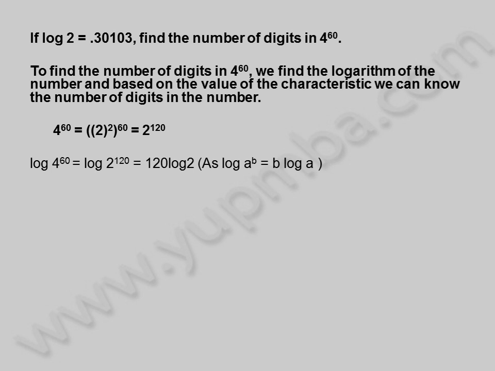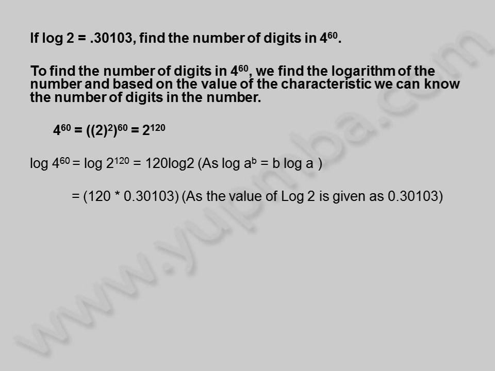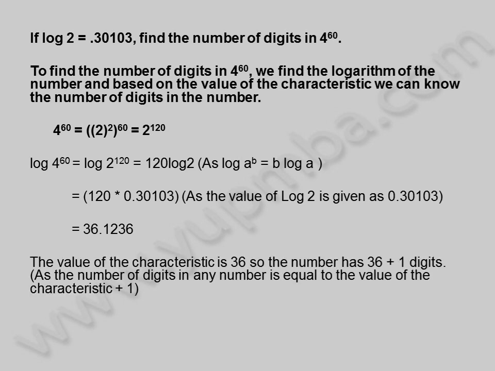Log 4 power 60 is equal to log 2 power 120, which is equal to 120 log 2, as log A power b is equal to b log A. This is equal to 120 into 0.30103, as the value of log 2 is given as 0.30103, which is equal to 36.1236. The value of the characteristic is 36, so the number has 36 plus 1 digits.